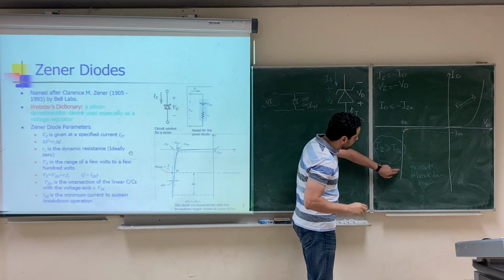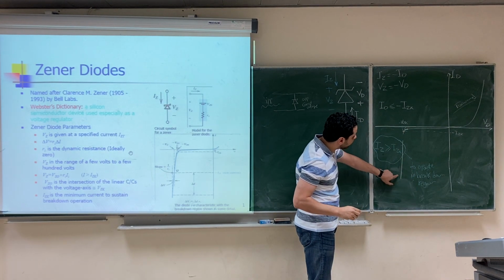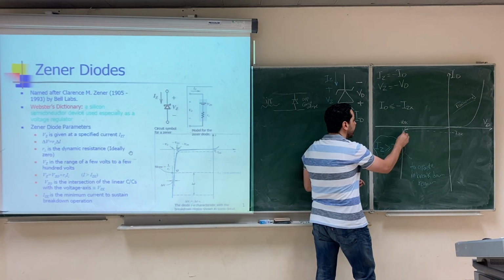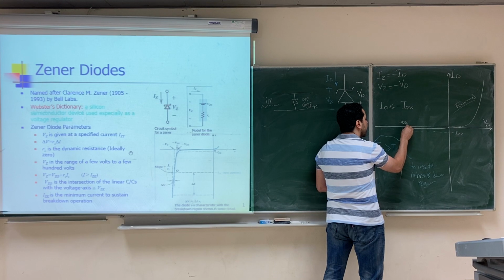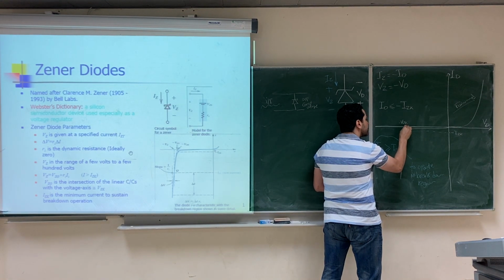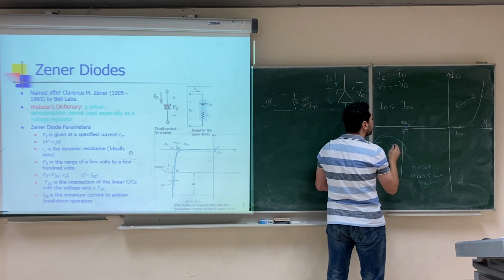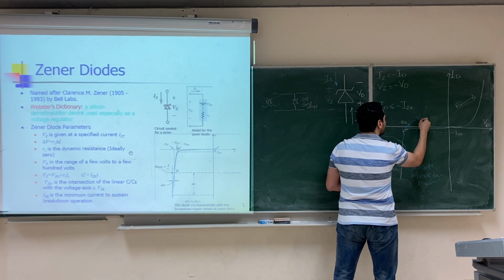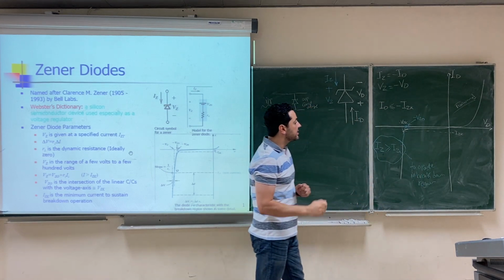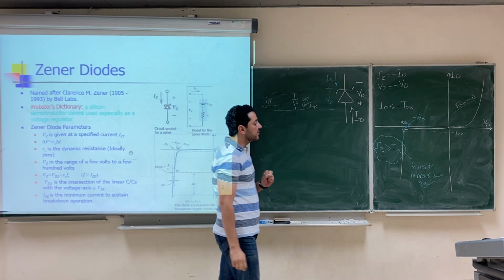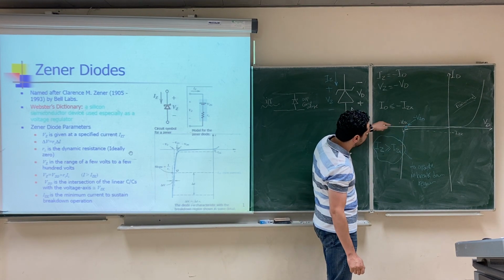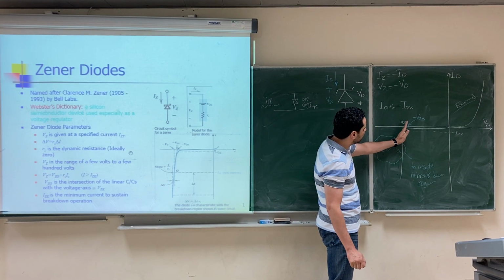VZ0 is, when you extend this line, we said that this part is approximately a linear relation. If we extend it until it intersects with the horizontal axis here, then this intersection point, we call it negative VZ node. So negative VZ node is the intersection between the horizontal axis and the extension of this line.